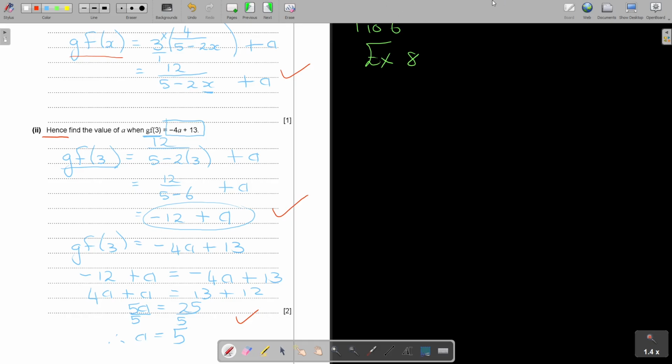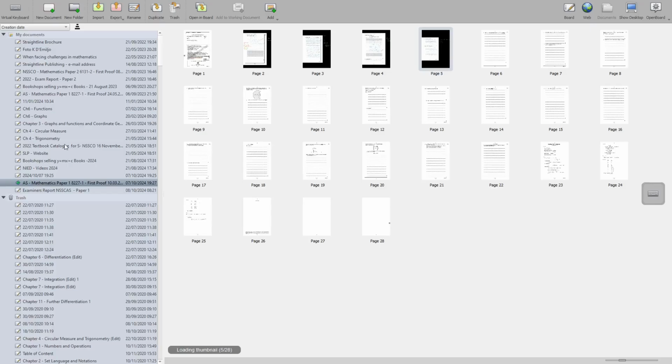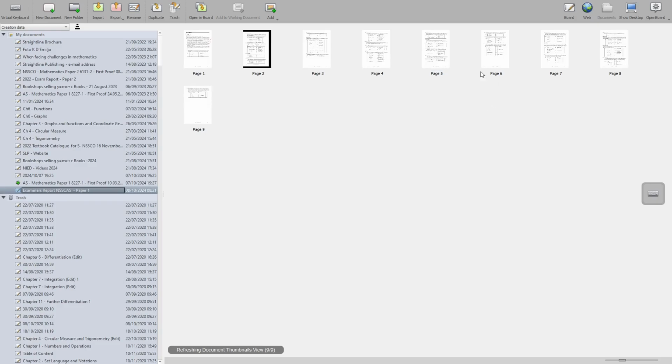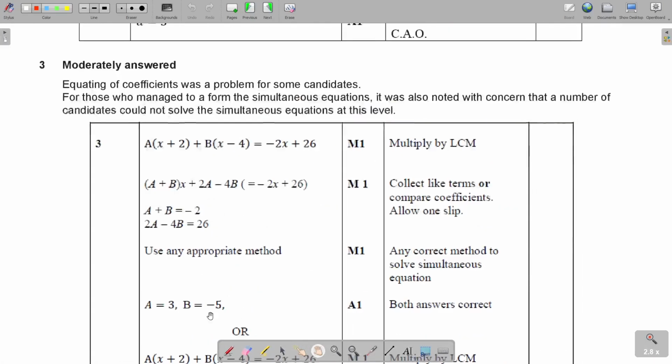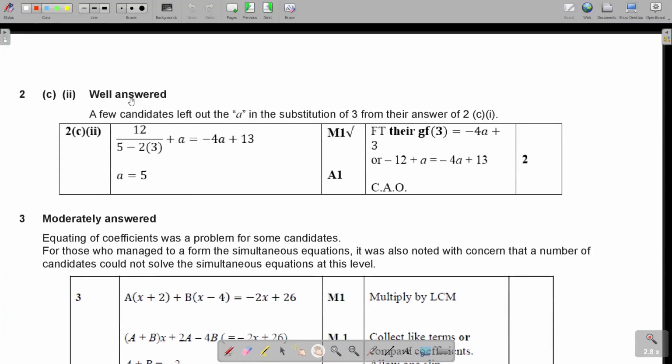But let's go and check to see if that was correct. I think it's on this page, on the top. Yes. So, a few candidates left out the a in the substitution of 3 from their answer in 2C. So just put the 3 there and then put it equal to this and then get your answer of 5.